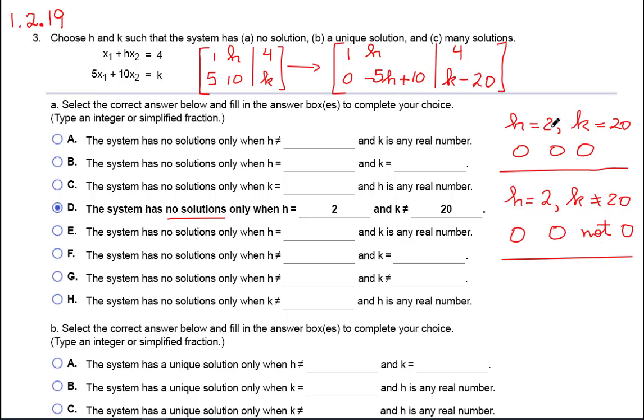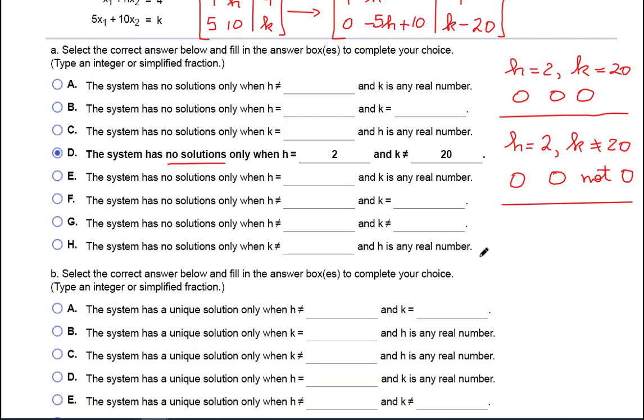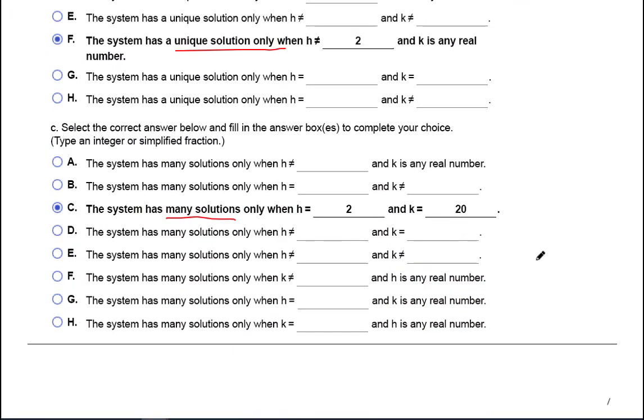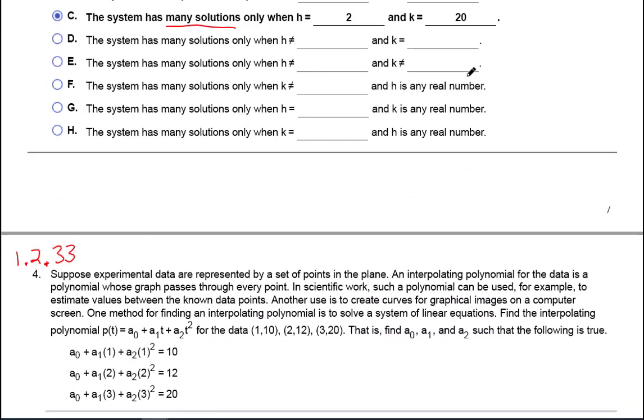Now, other than these values of 2 and 20, or 2 and not 20, then I'm free to have h and k whatever we like. So that would occur when h is not 2 and k is any real number.